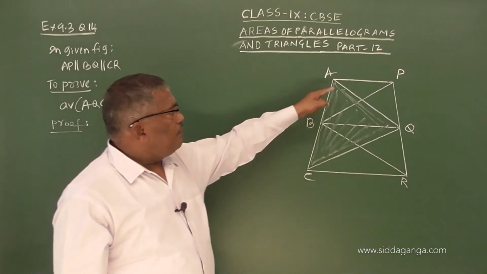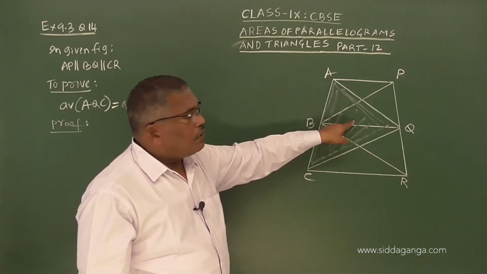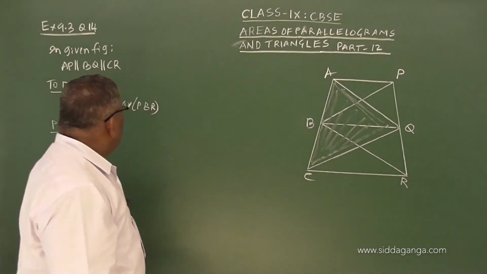I call this a trapezium because it is given AP is parallel to BQ.